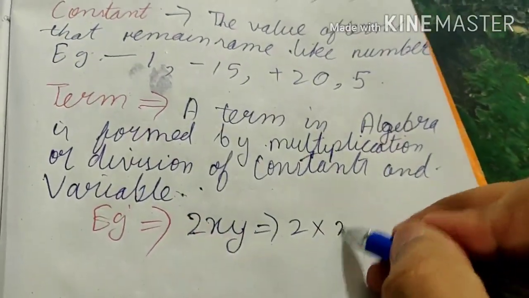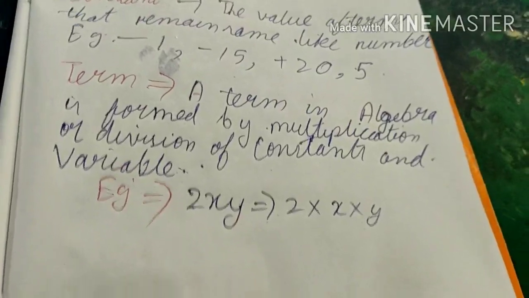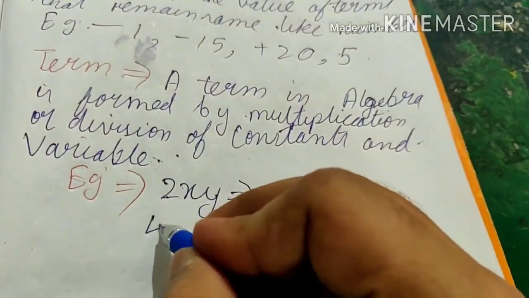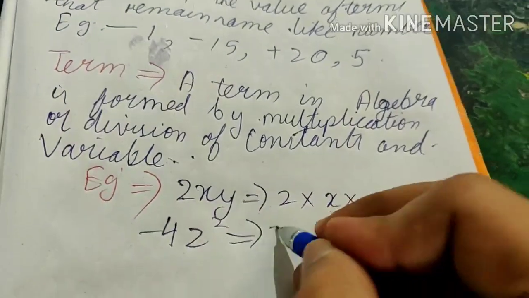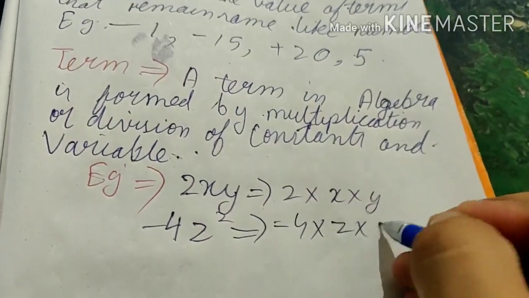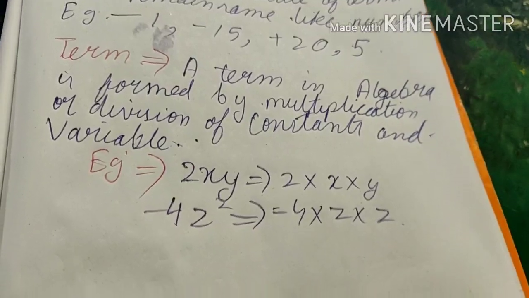This can be termed as 2 into x into y, or minus 4z square, that is minus 4 into z into z. These are also in the form of multiplication.